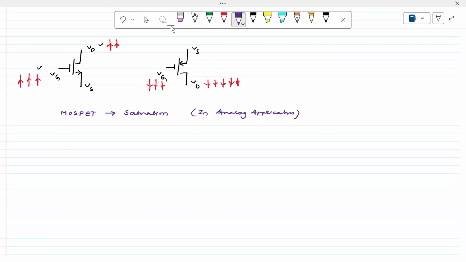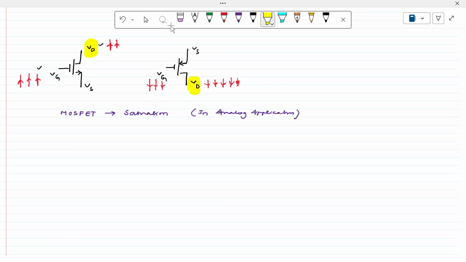Whichever you would like to remember, you can remember. If the drain potential is more and more positive, the NMOS will be in saturation. If the drain is more and more negative, the PMOS is in saturation.